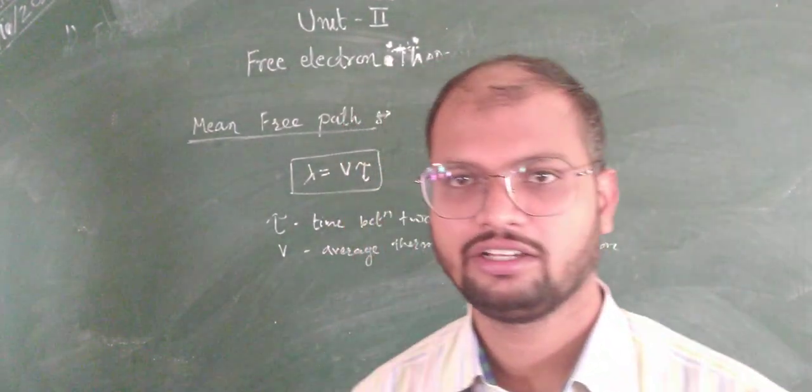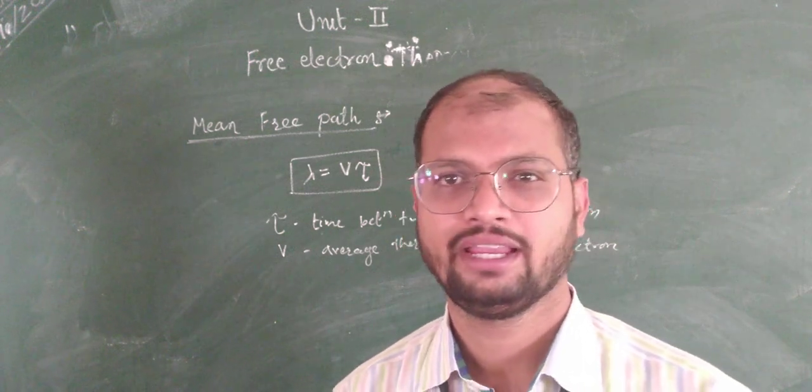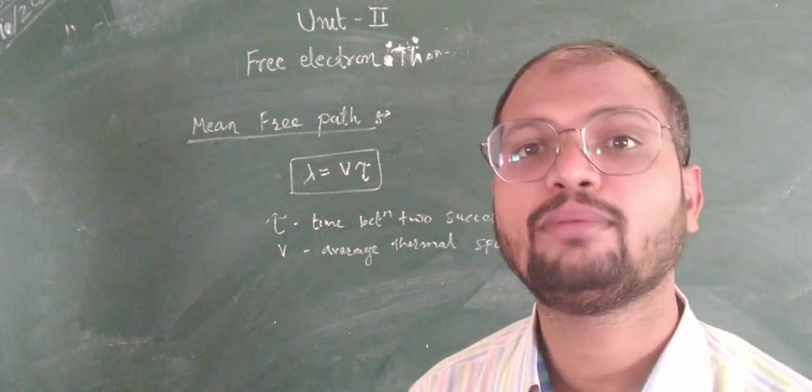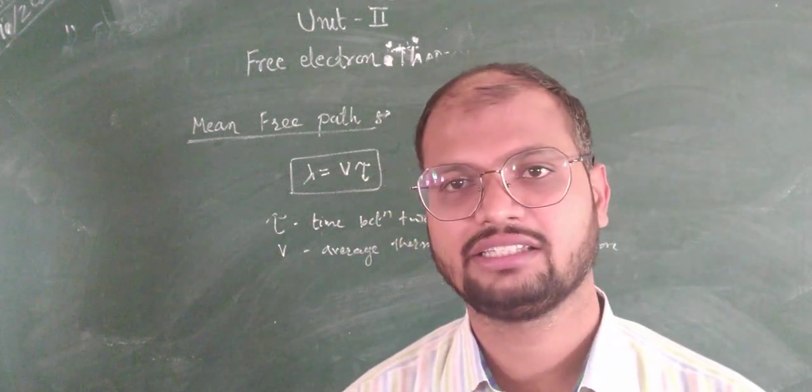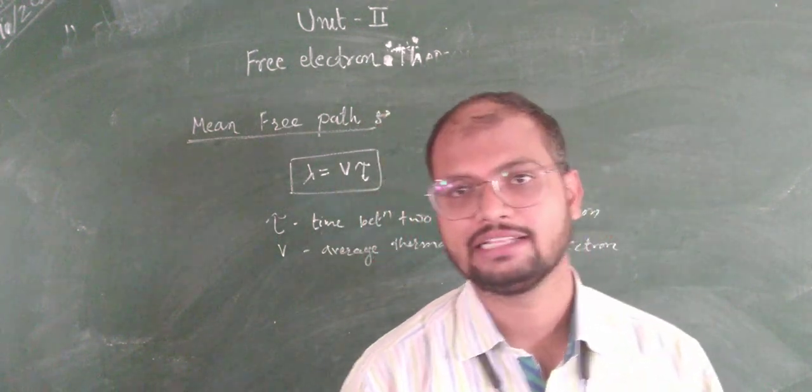In last lecture, we have started Unit 2, that is free electron theory. In that lecture, we discussed the characteristics of metals.